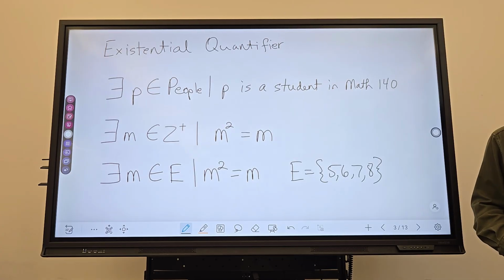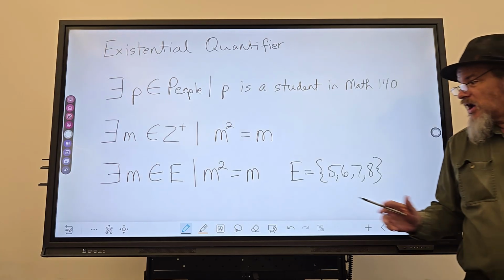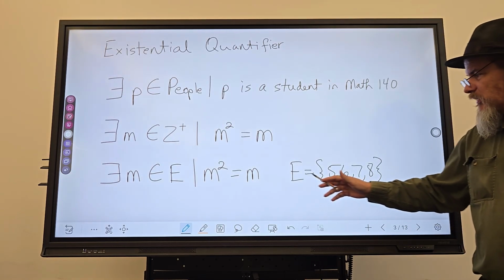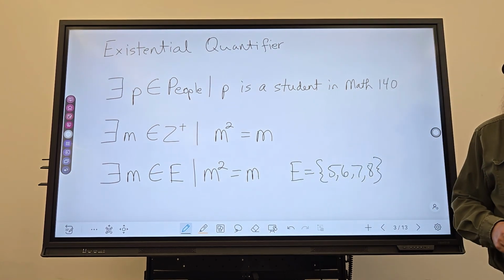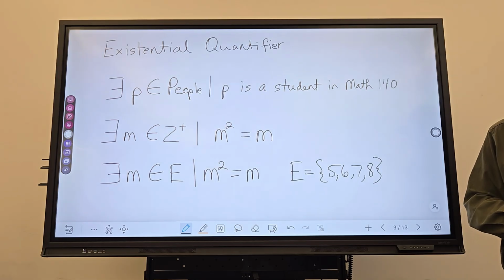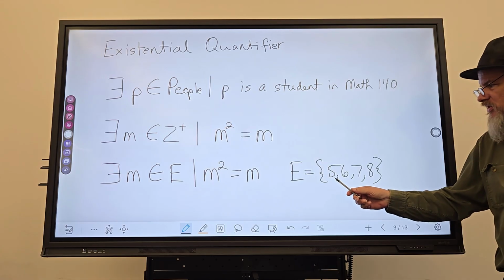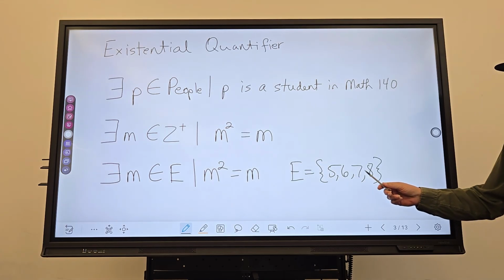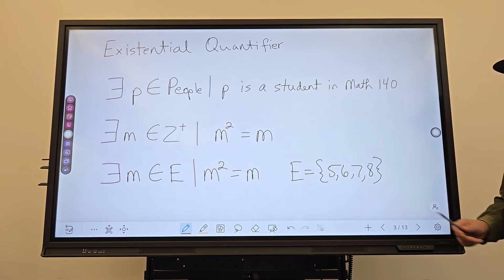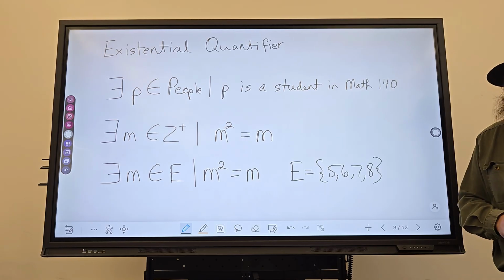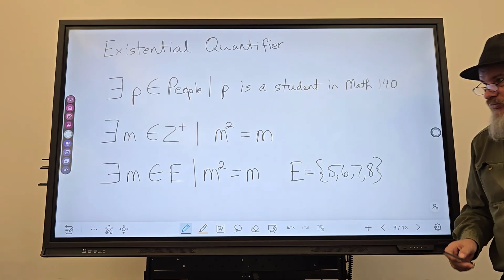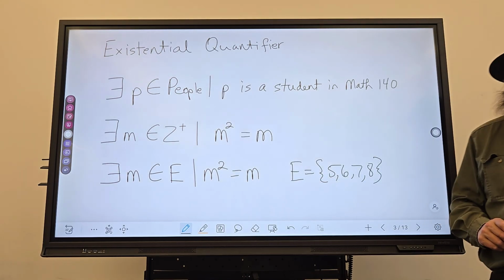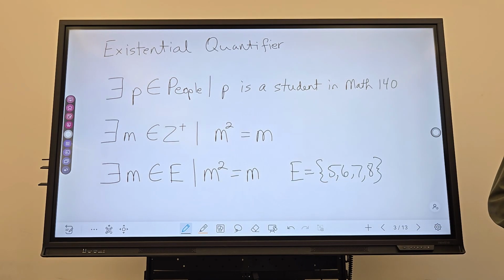But to show that it's not true, you have to show that no element in the domain satisfies the predicate, makes the predicate true. So 5 squared is 25, 6 squared is 36, 7 squared is 49, 8 squared is 64. All of them make this false. Therefore, the statement is false.